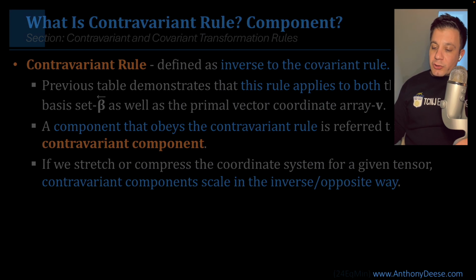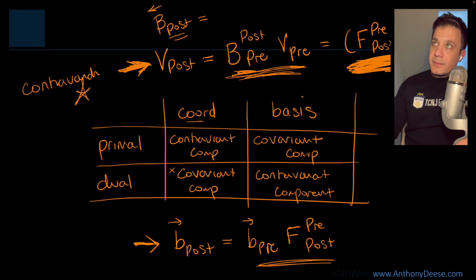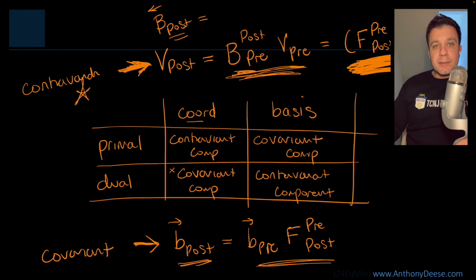This is what I was trying to show here, that the primal vector coordinates follow the contravariant rule simply because it is the opposite of how the covariant rule is applied to the basis.